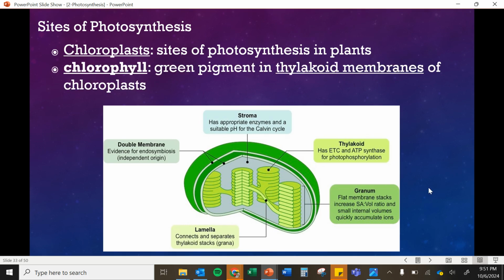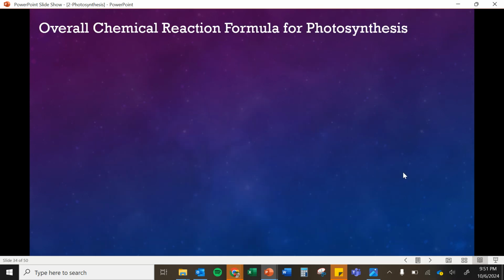Chlorophyll is a green pigment that is found in the thylakoid membranes of plants. We'll talk more about its function later.